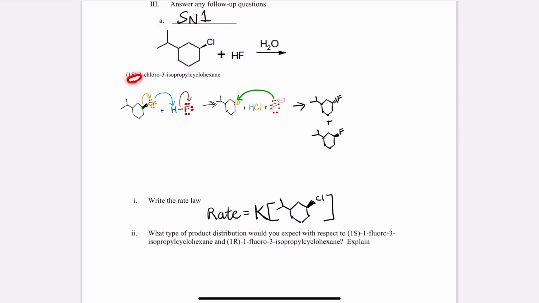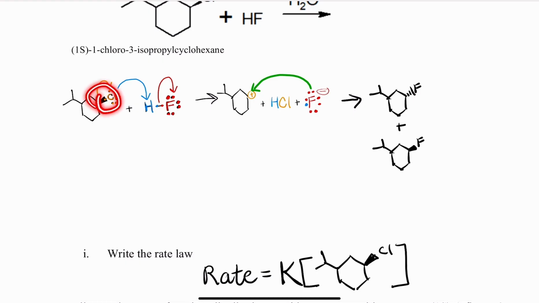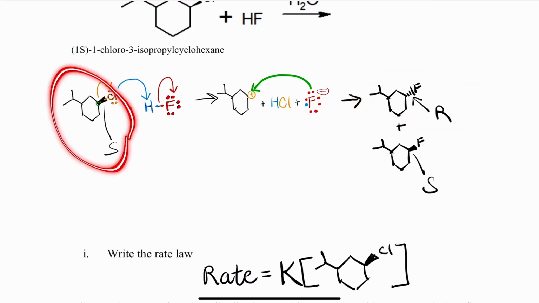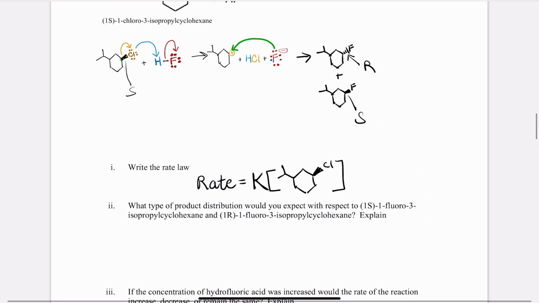We started with an S. So this wedge, whenever they figured out the little R or S here, it was an S. So that's S, but this would be the opposite, so that would be R. And we get more of the different kind than we do of the same kind. So we get more R because we started with S, even though S is still also going to get made.